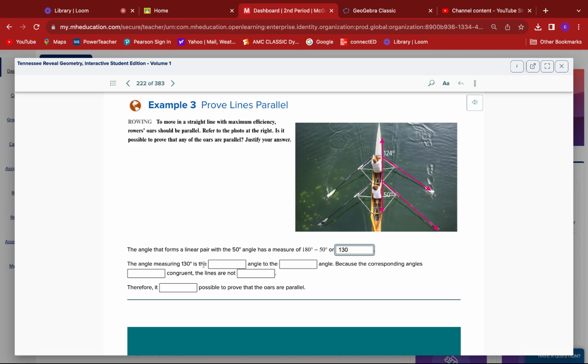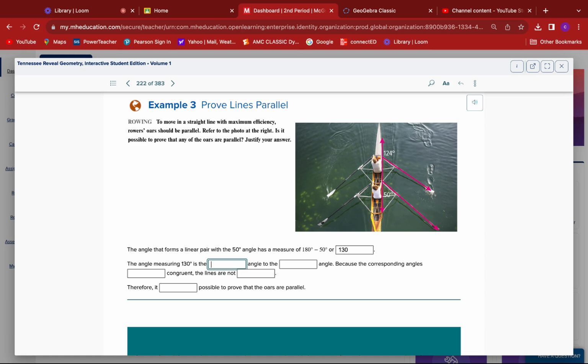The measure is 130 degrees, which is, let's see, how do they want me to word this? The angle measuring 130 is the what angle to the other angle? Is it the supplementary angle to the 50-degree angle?